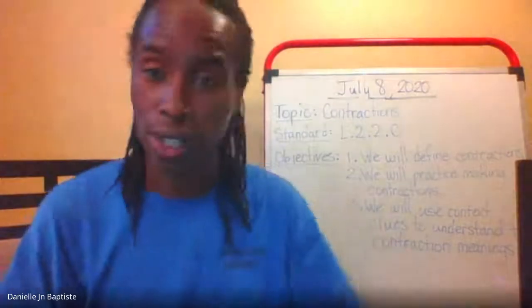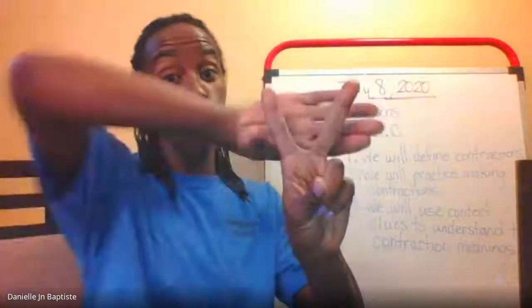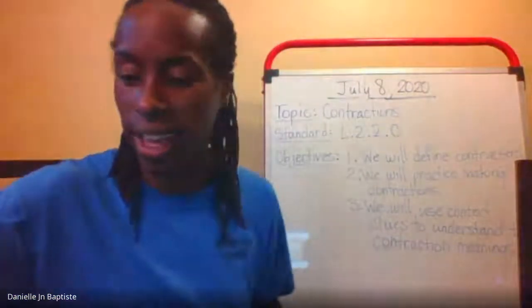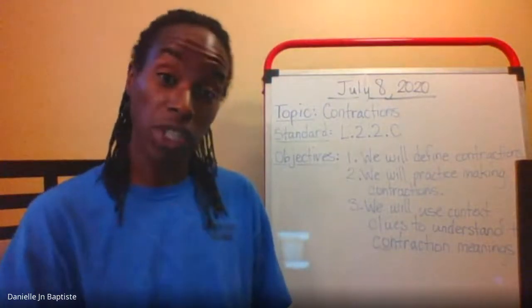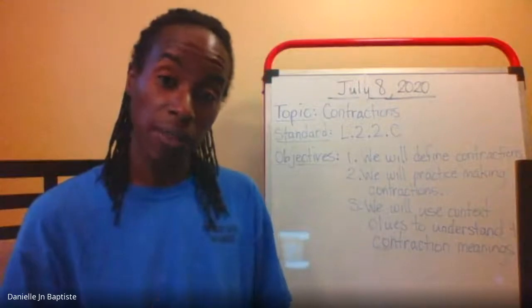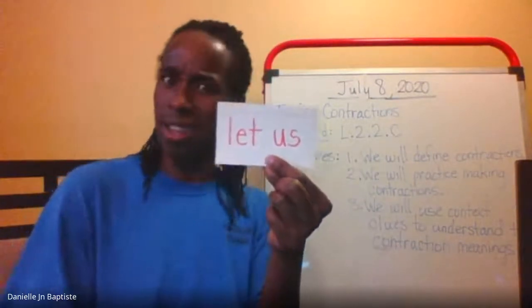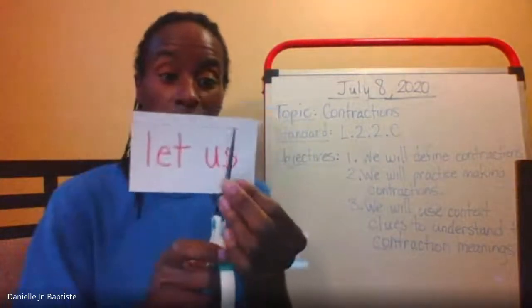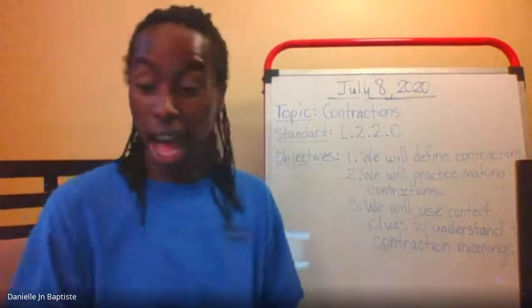Usually our contractions are what? Do it with me. Two words put together to make one. Hey, I like it. Smart. The next contraction that we're going to make is going to be out of these two words. Let us. Well, instead of saying let us, what we can say is the following. I won't tell you.